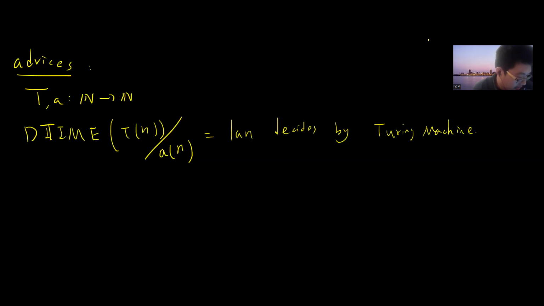This Turing machine, let's call it M, has two inputs. One is x, and one is a string called alpha n.